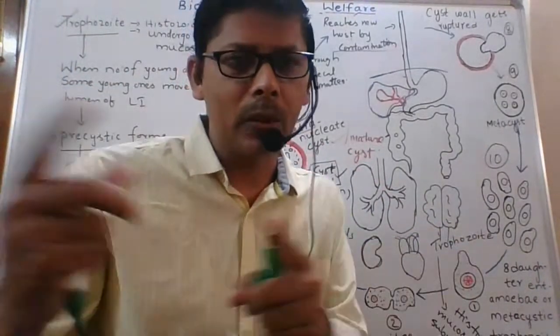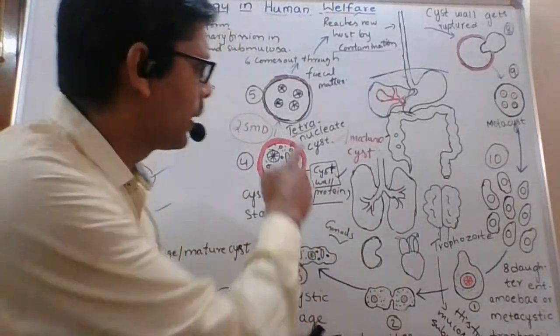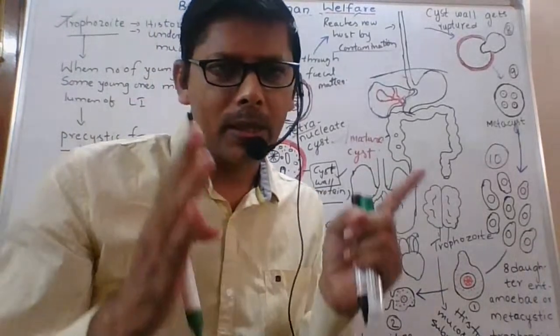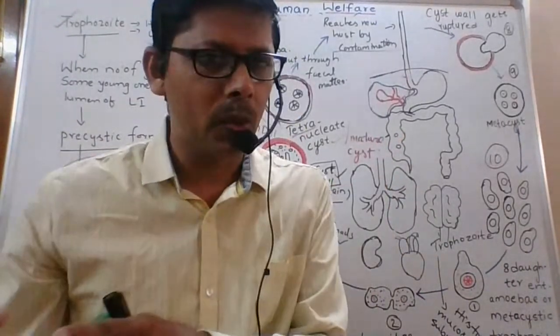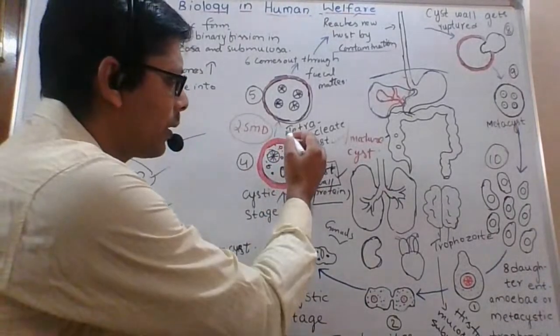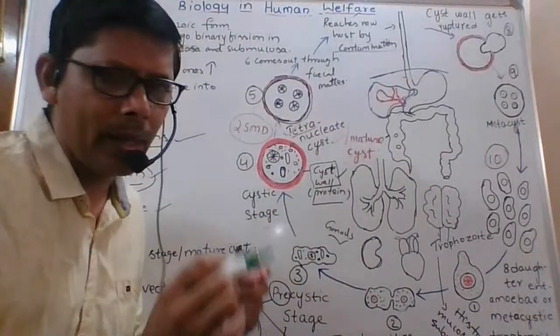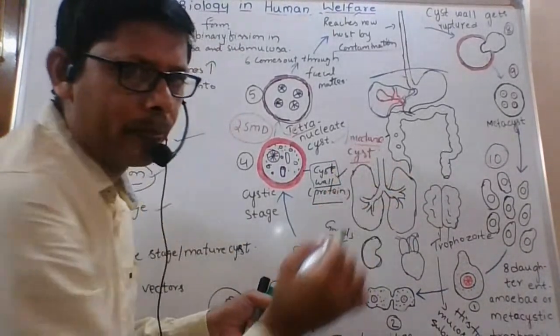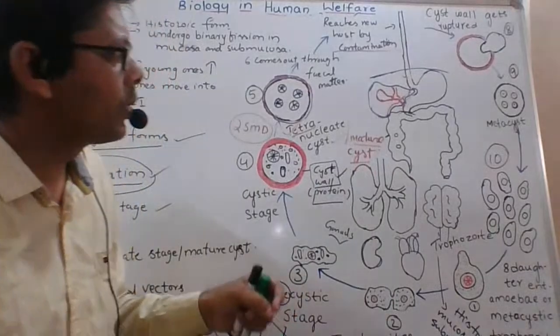The disease amoebiasis spreads from one person to another person through this infective stage, the tetranucleate cyst, also called the mature cyst.